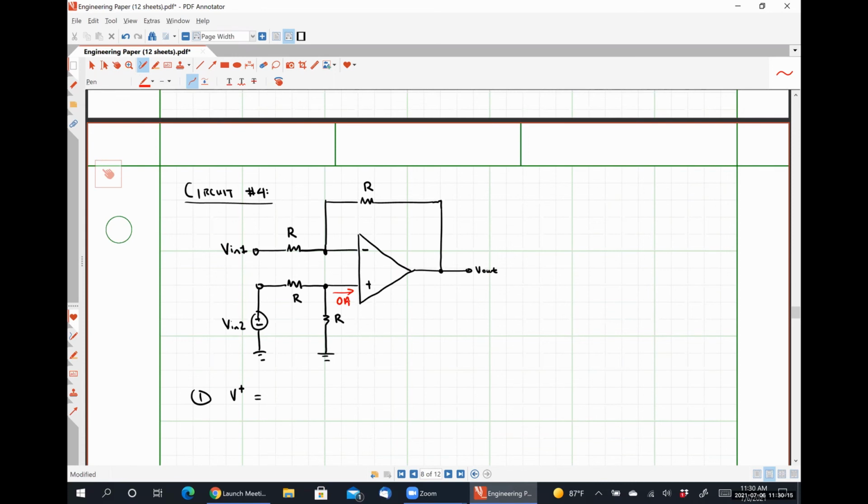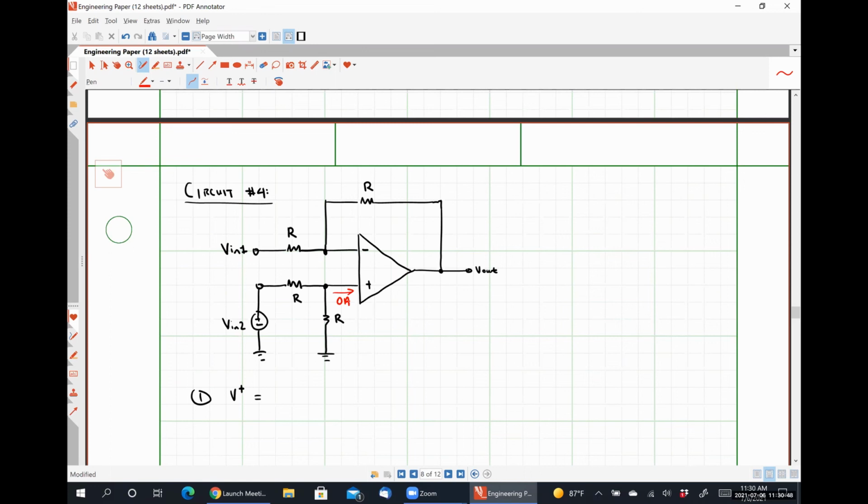Yes or no? Yes. All right. So what we have connected to our non-inverting input terminal here is a voltage divider, just like we had in the first example problem that we worked today. In fact, this guy is extraordinarily similar to the first example problem, except with some non-zero input signal being applied on the top half here.